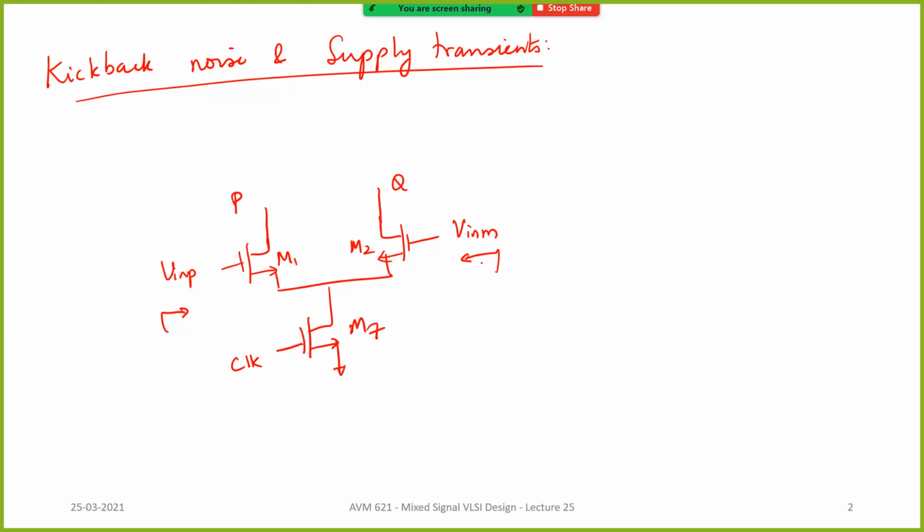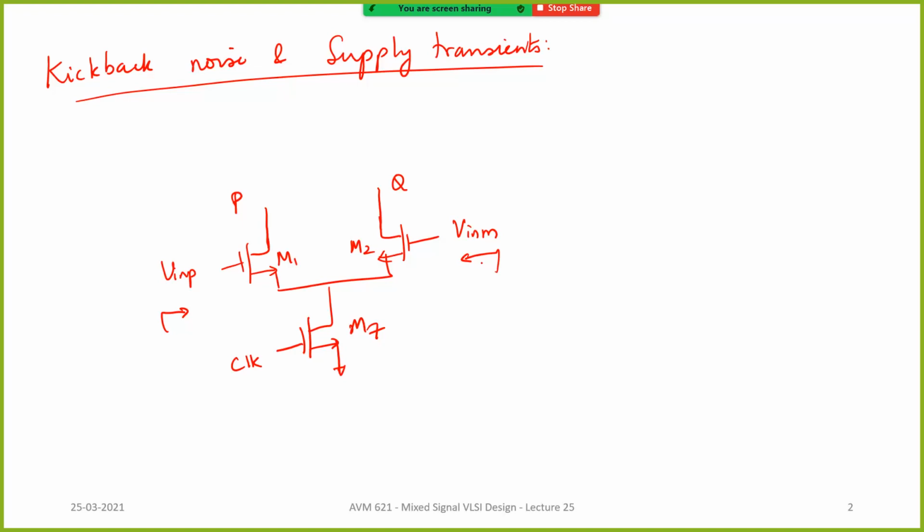But because of the switching that happens in this latch, see, digital circuits are very aggressive circuits, if you can call them that, because they have fast transitions to the supply rails VDD or ground.